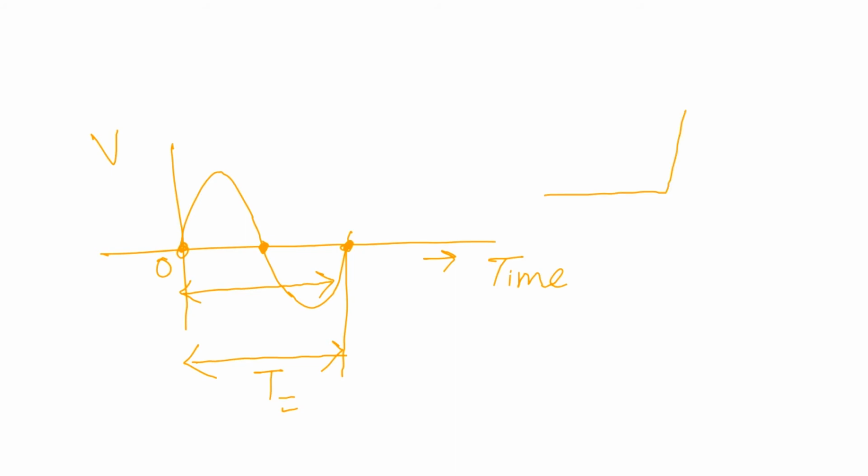There are two magnets like this, and one wire is placed like this. We can represent this as a generator.